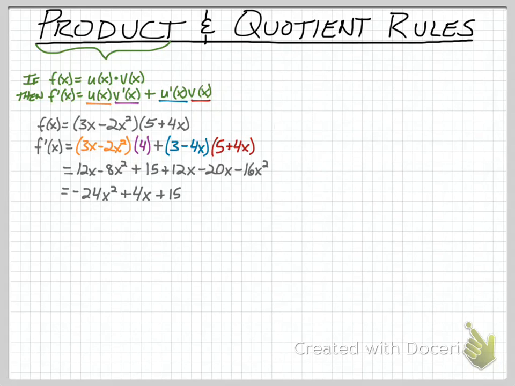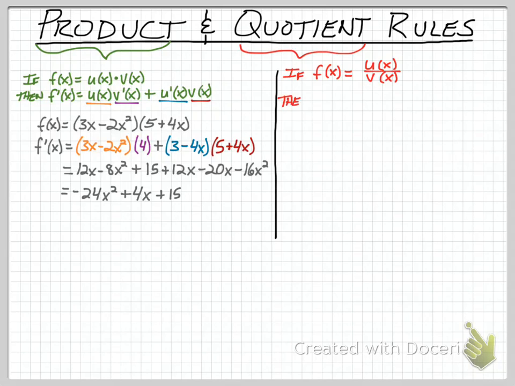Okay, so let's look at the quotient rule then. The quotient rule has some similarities and some differences to the product rule. If f of x equals u of x over v of x, then f prime of x, the derivative of f of x, is going to be v of x times u prime of x, so the original portion v of x, times the derivative of u of x, minus u of x times v prime of x.